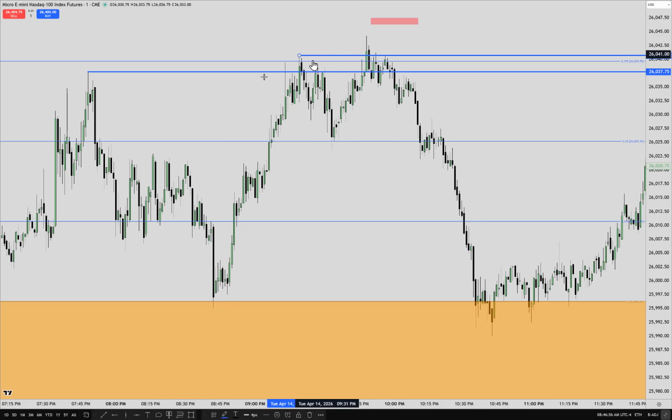We can use this up close candle right here as a bearish fair value gap right there. So anywhere between consequent encroachment of this wick right here, because you can see they already used it there and it's sold off, that tells me I'm very, very likely to see it trade lower. So if it's going to trade lower, what do I want to aim for?